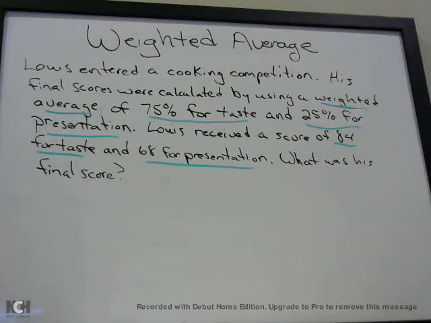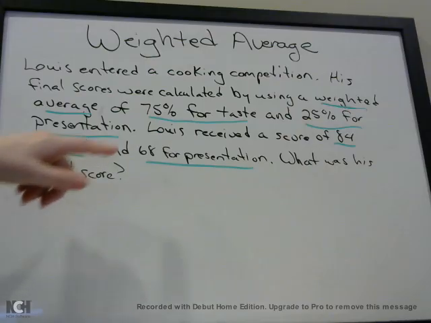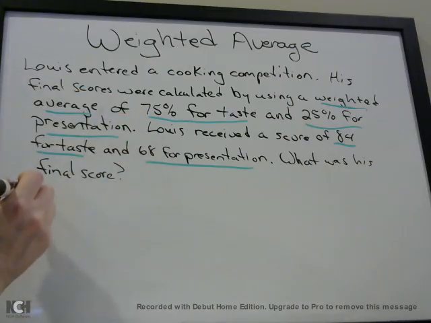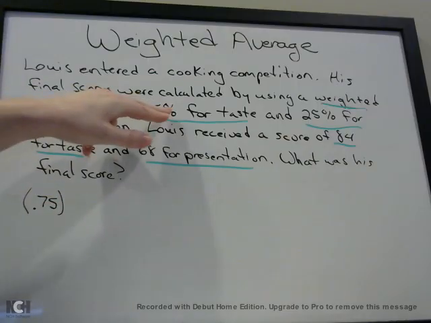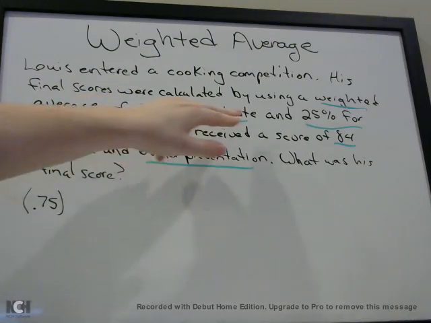And so again, weighted average, what do we do? The weight times the number plus the weight times the number, however many numbers there are. So the weight, 75%, you have to write this as a decimal, 0.75. So the weight times the number, what did he receive for taste?